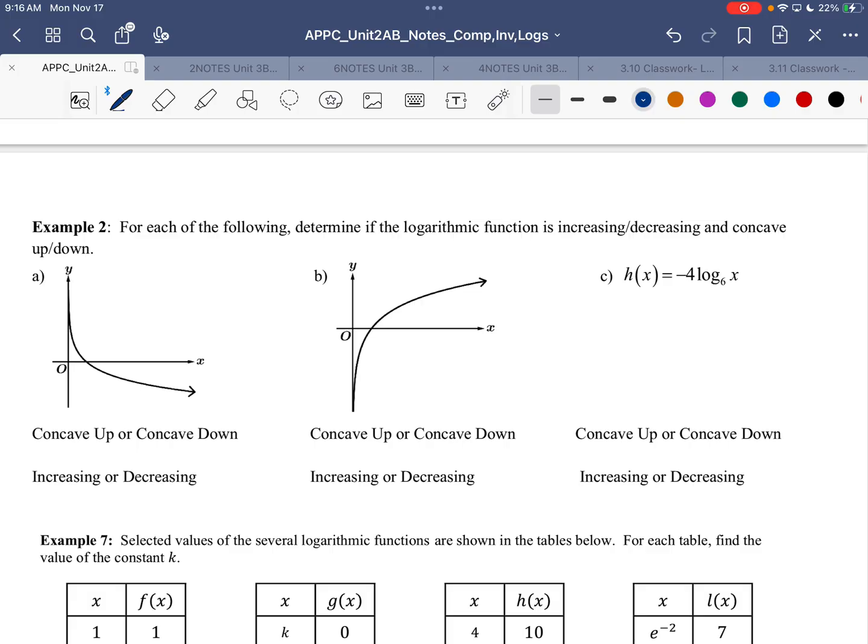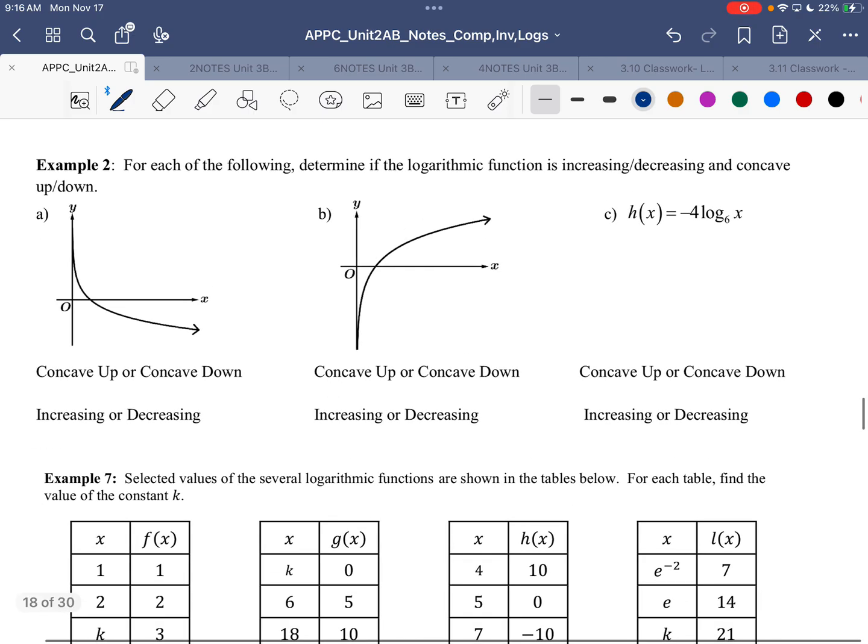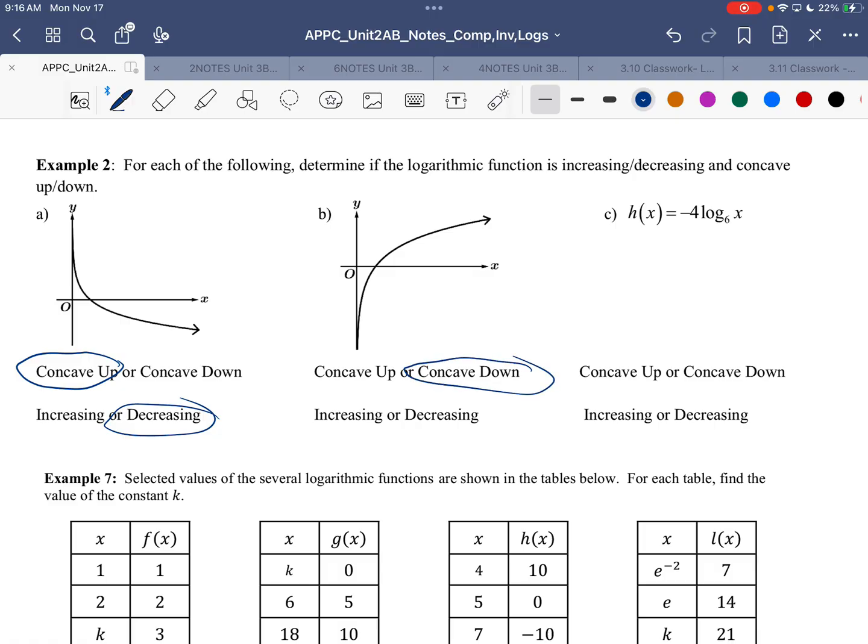Okay, good job. Hopefully that was feeling like we know what we're doing a little bit there. Now, anyone notice something about the relationship between increasing and concave up, or decreasing and concave up?